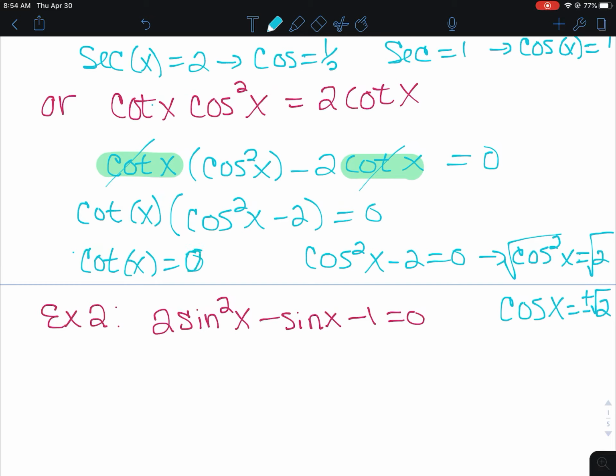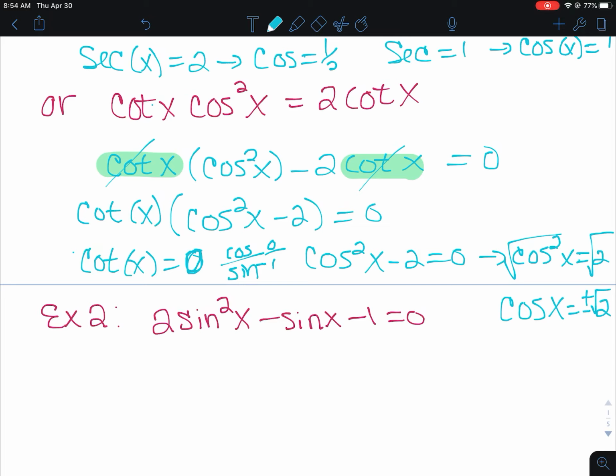Now, cotangent being equal to 0, that's one we can find on the unit circle, right? That's where we have cosine divided by sine. We want it to be 0 over 1, or 0 over negative 1. Looking for those points, those would be your quadrant angles, like 0, 90, 180, 360, 270.